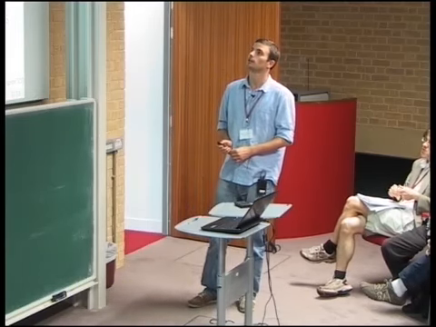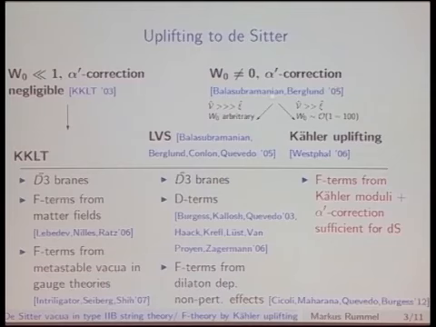Then there is this branch where the alpha prime corrections are important, and then you can either go to very large volumes, realizing the large volume scenario, or you can go to not so large volumes using W0 in this window, and then you have the method of Kahler uplifting, which directly realizes the de Sitter vacuum from the F terms.